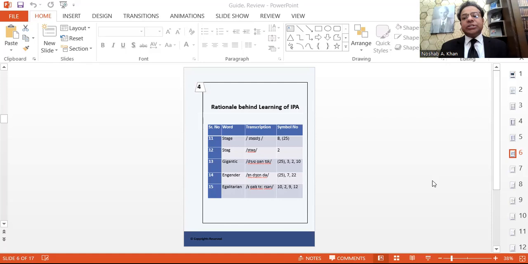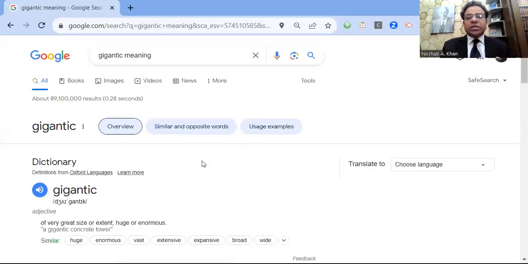Our source for learning these symbols, their sounds, and the received pronunciation is the most authentic source of this era, that is the Google default dictionary, which is a combination of dictionaries. Their basic reliance is on Oxford language dictionaries. And on the basis of this, they have prepared such a gigantic volume of words which can really fulfill the needs of all professionals.